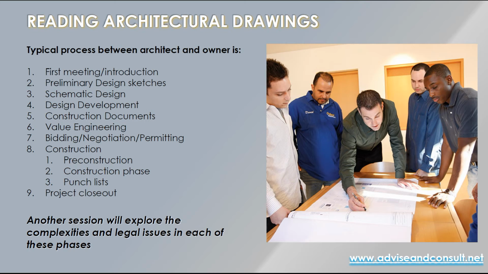Typically for the architect, there's a first meeting, introduction, then the preliminary design sketches, which are some of the drawings that you saw earlier. Schematic design flows from that into maybe a little bit more detail, corrections to the original design sketches, but still non-contractually binding.